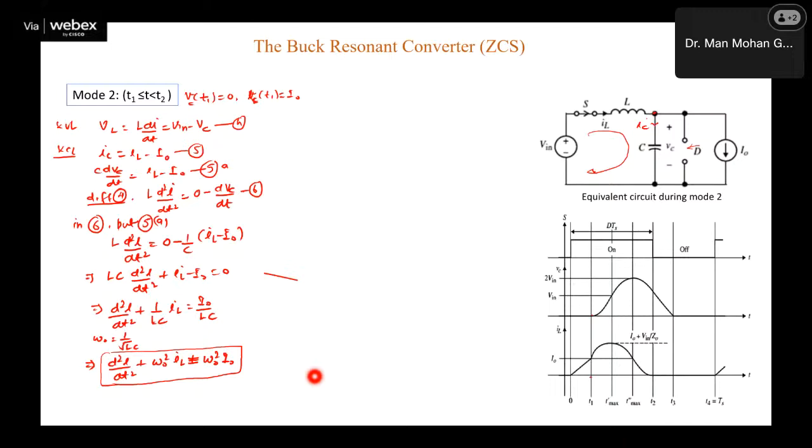So we have various different methods to solve this equation, and we can use those methods. So let us see, this is a second order equation.